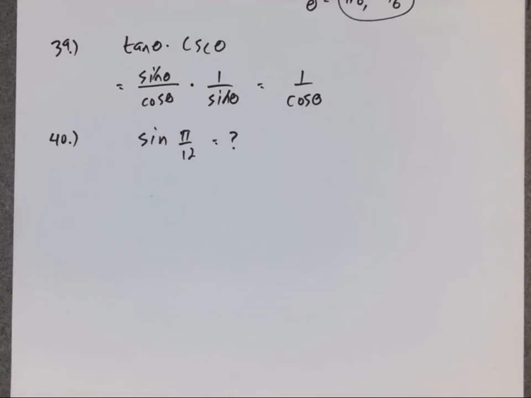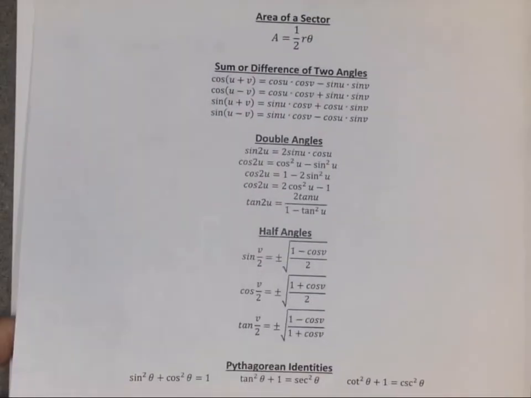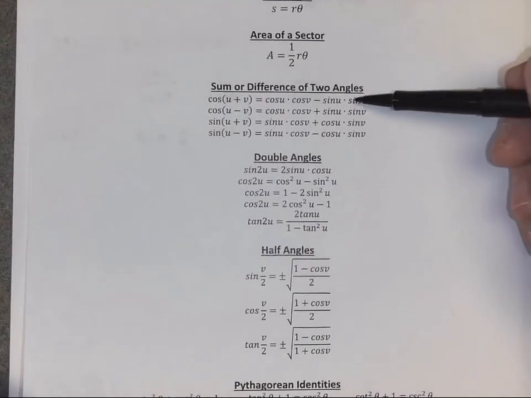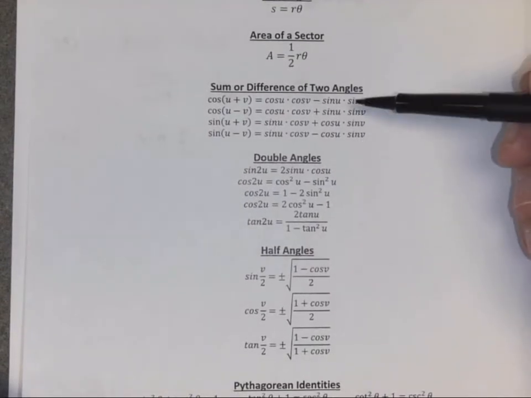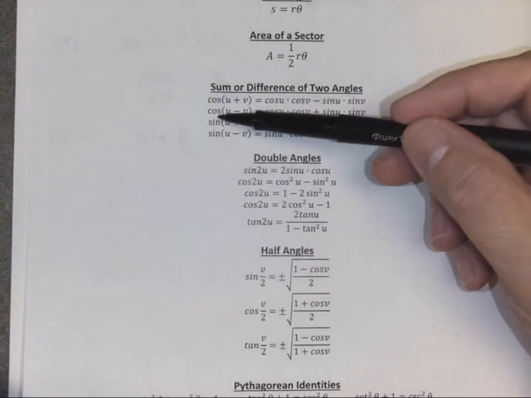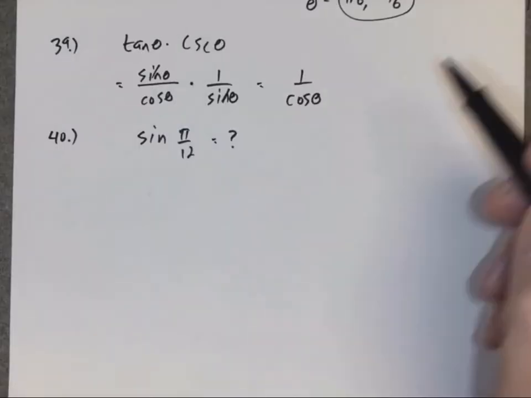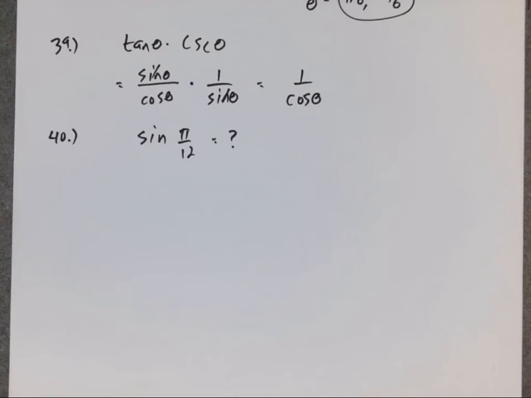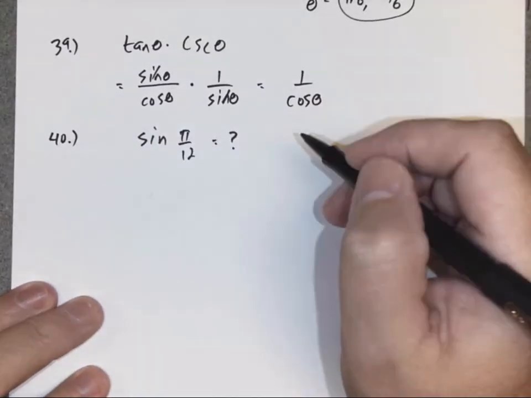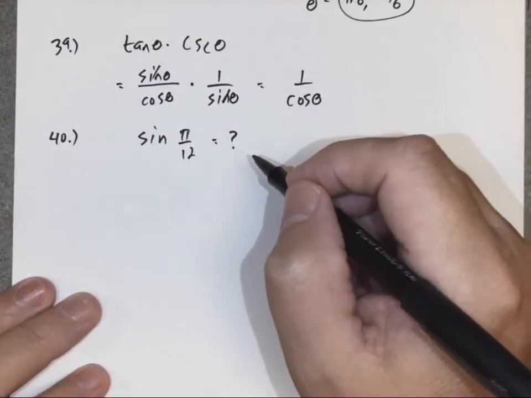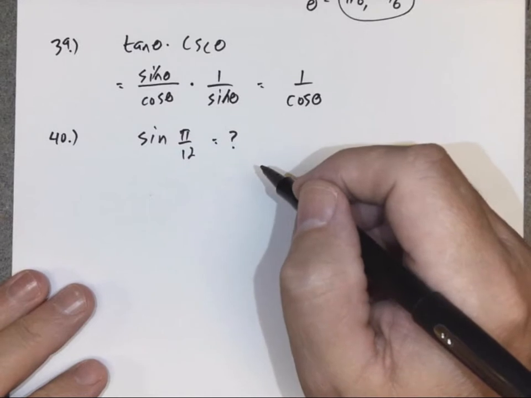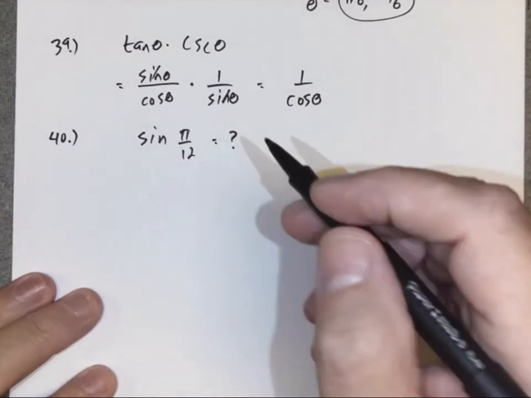Now I've got the cheat sheet for the test here, and you can see right here are the list of sum or difference formulas. There are 2 for cosine and 2 for sine, and this is where they're stuck 2 angles. So we've done this before. Basically, I need to find 2 angles that I can either add or subtract from each other that equal pi over 12.